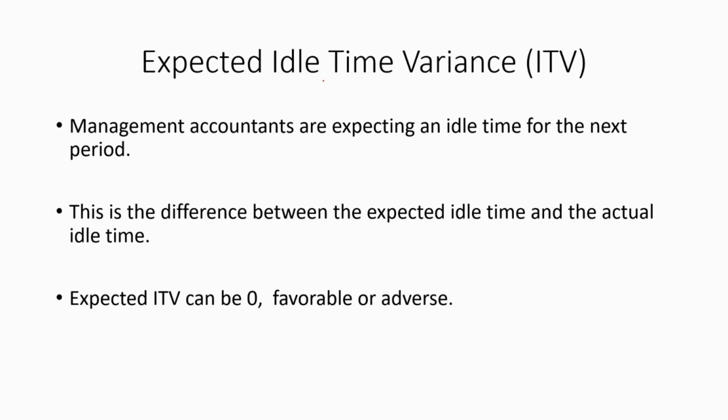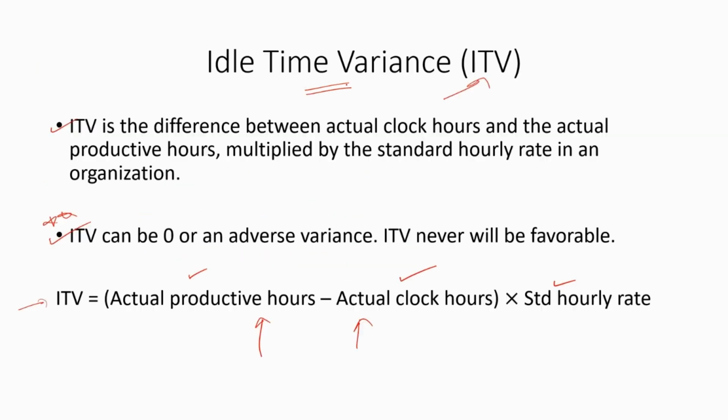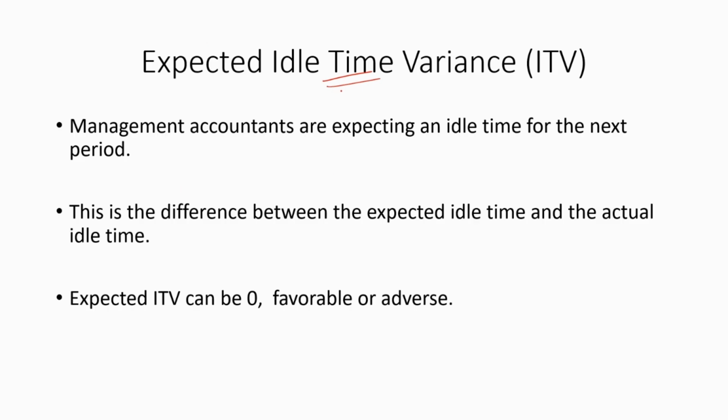Now let's discuss the expected idle time variance. Earlier we discussed the regular idle time variance, where the management accountants do not expect any idle time in the next period. But here the management accountants are expecting an idle time for the next period, which is known as the expected idle time variance.